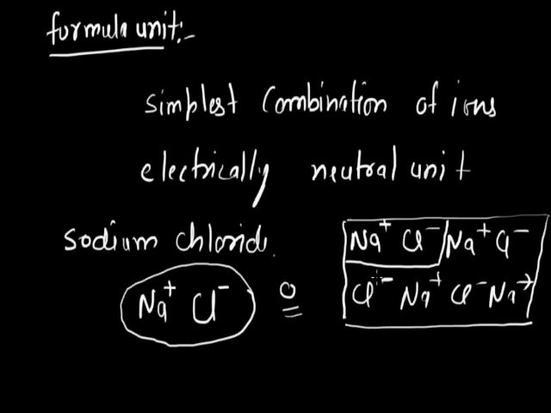It means this is the smallest unit which has 0 charge, means neutral unit. Means in overall structure of NaCl, Na plus and Cl minus, this is the smallest unit which represents the formula unit of sodium chloride.